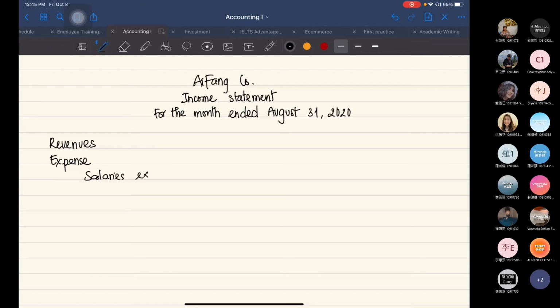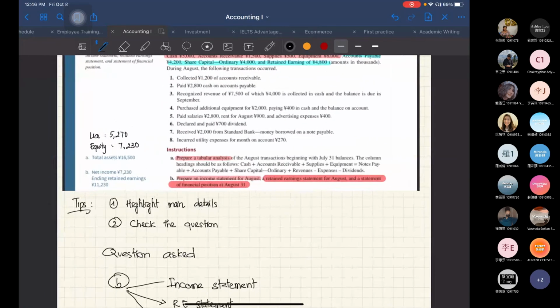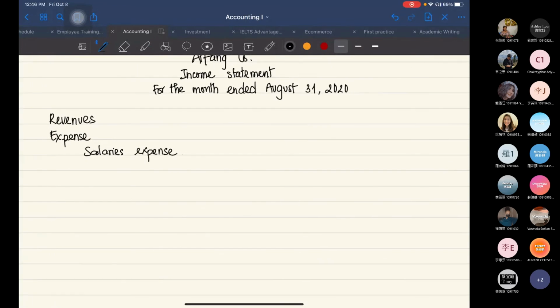Firstly, the salary expense, and utility expense.